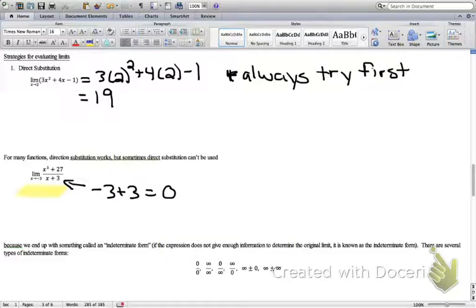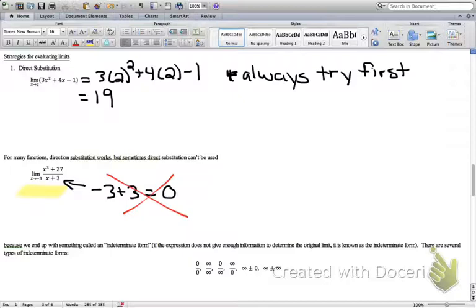And when that happens, the limit won't exist. So always look at the different strategies that we're going to discuss when evaluating limits.